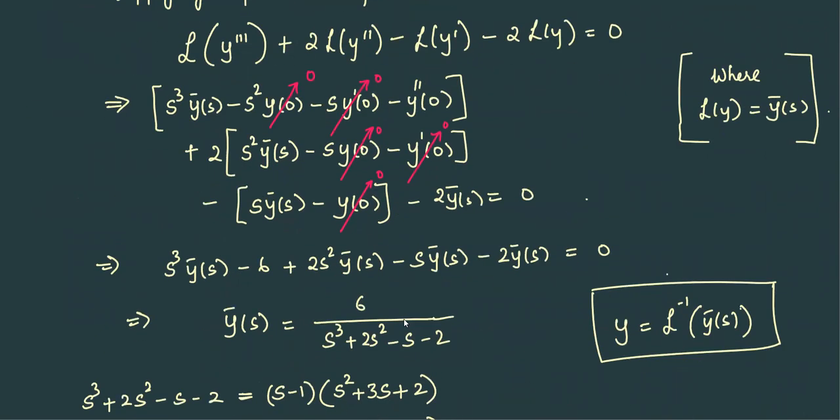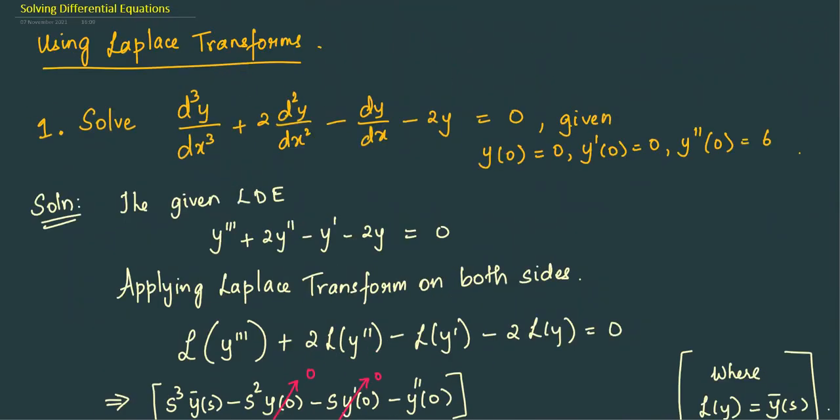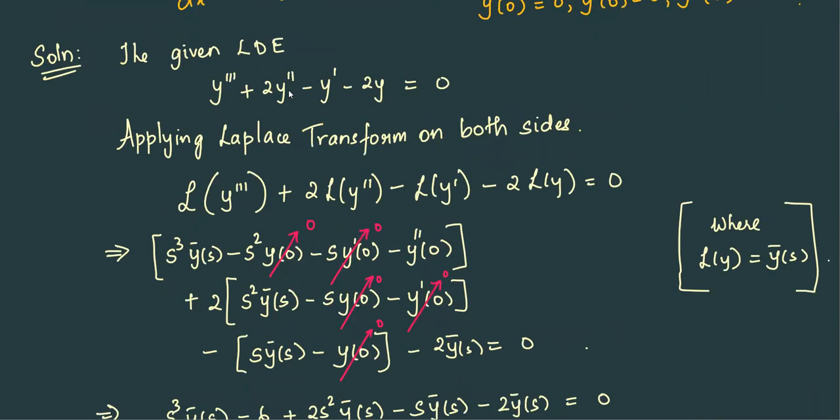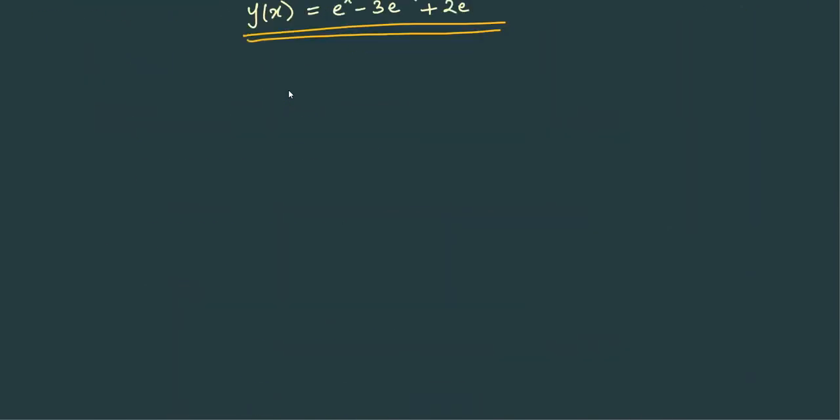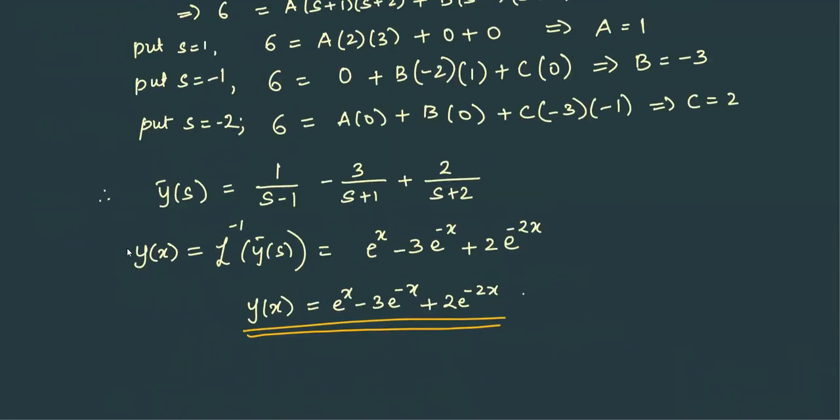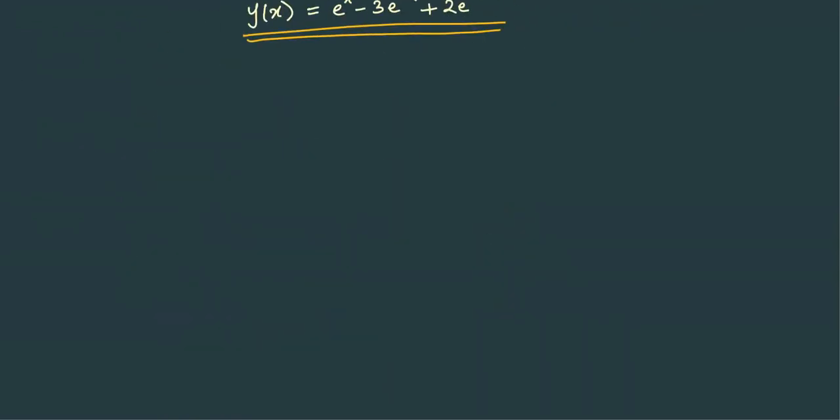Suppose in the next problem there is a particular integral, then we have to remember both. If it's a non-homogeneous equation, we have to find the particular integral also. But using Laplace transforms, we can do this problem much more easily. Let's take example 2.